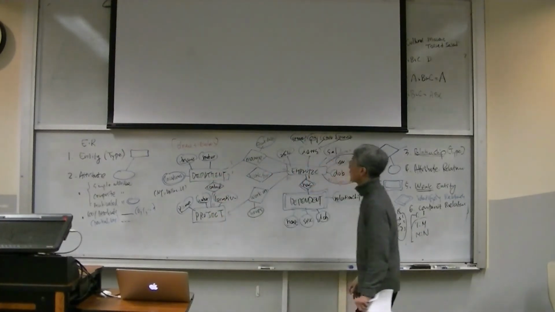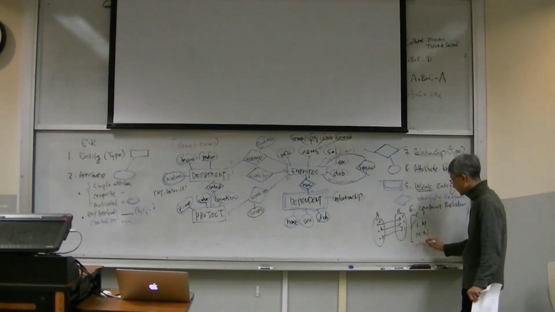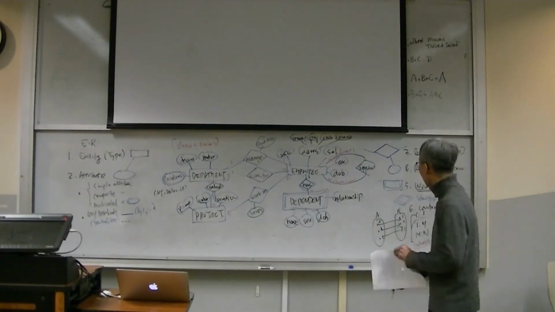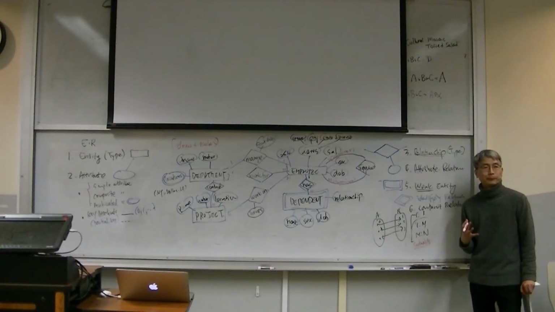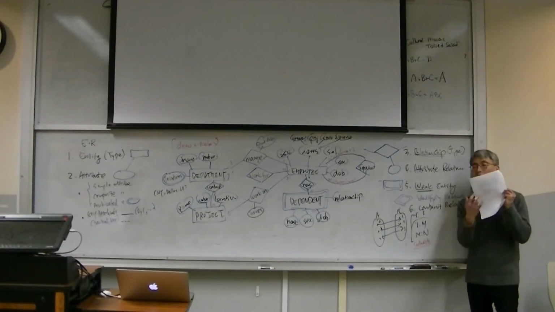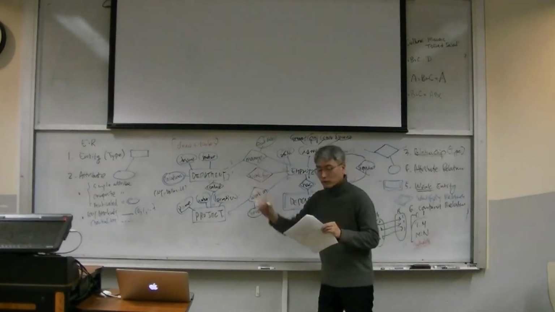So this is the constraint, called the cardinality. The best way to decide the cardinality is real data. Otherwise, you need to analyze the requirements and determine it. One more thing.